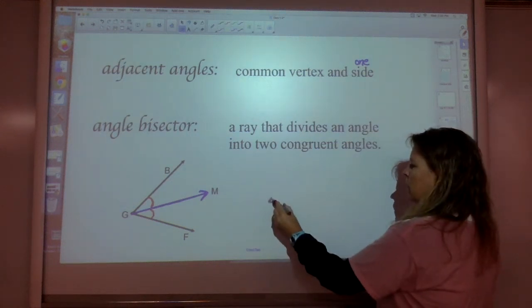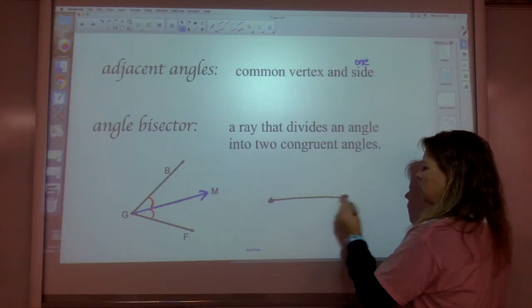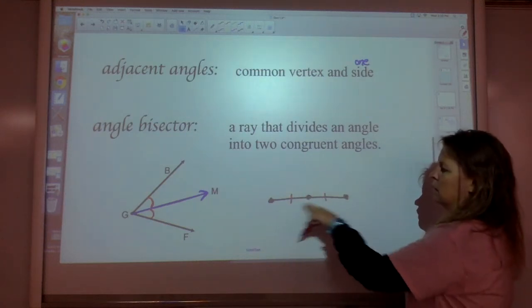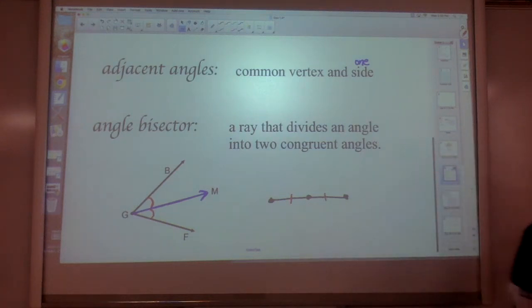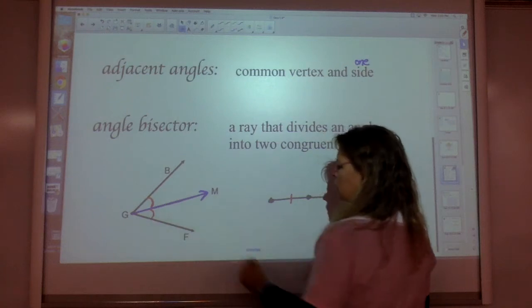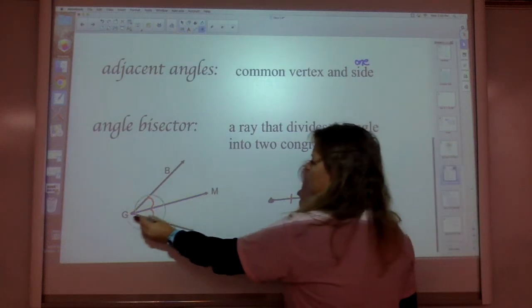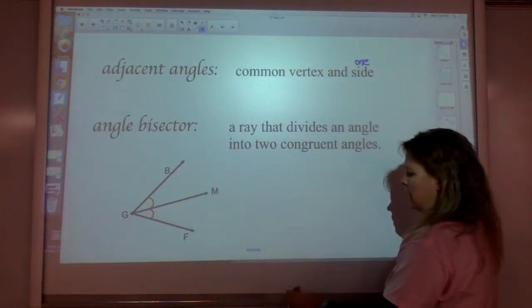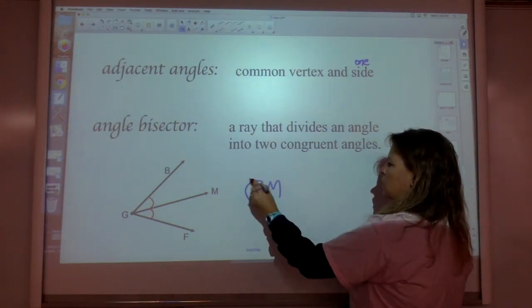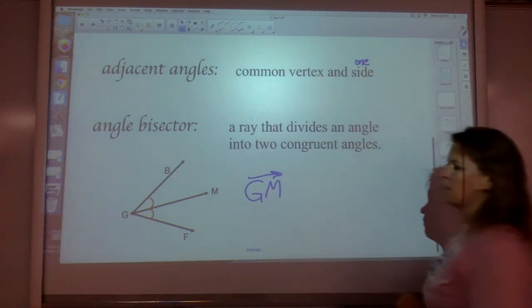If you need a reminder, when you had a segment with a midpoint, you put two little tick marks in red, showing that those are two congruent segments. In congruent angles, instead of tick marks, you use arcs. So if it asked you to name the angle bisector, you would say ray GM is the angle bisector.